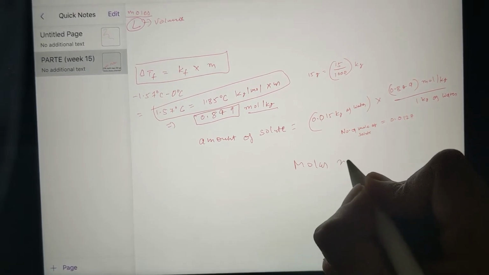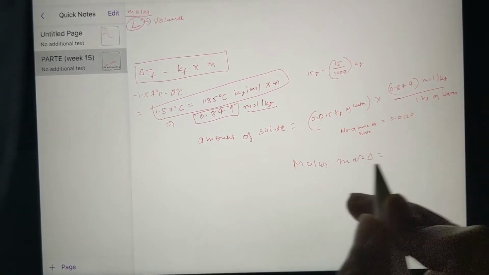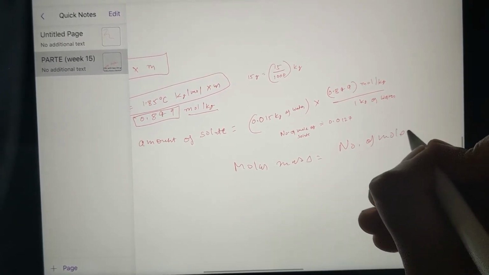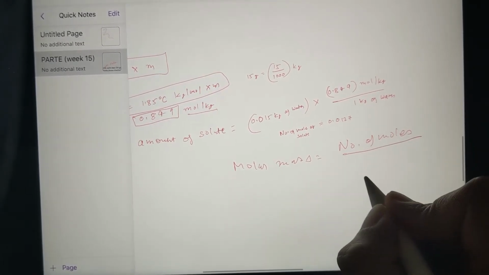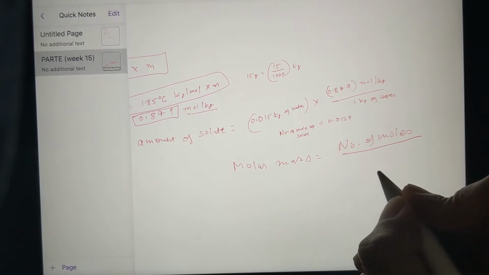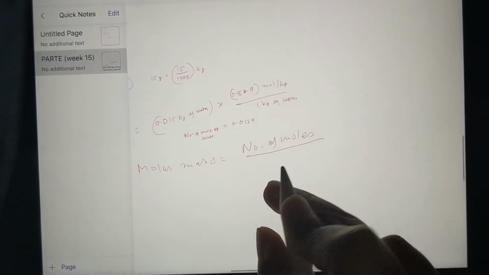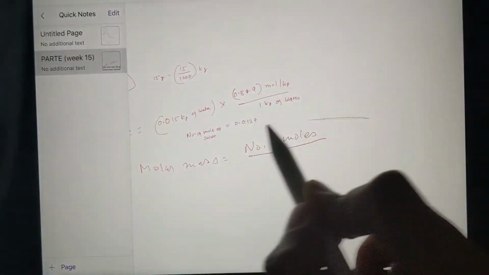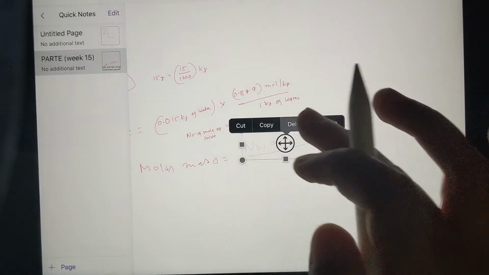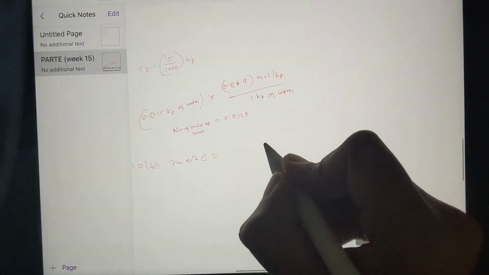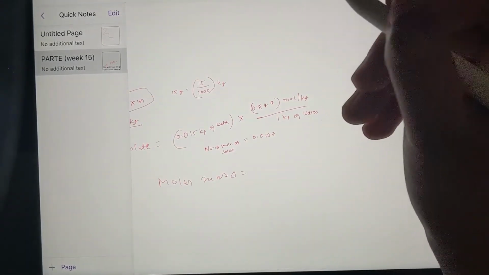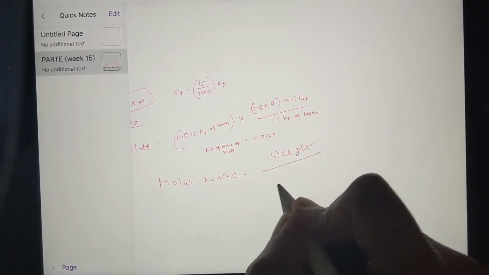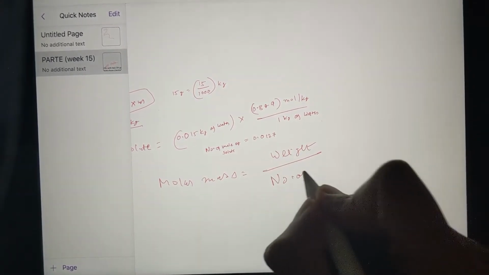Molar mass is going to be weight divided by number of moles.